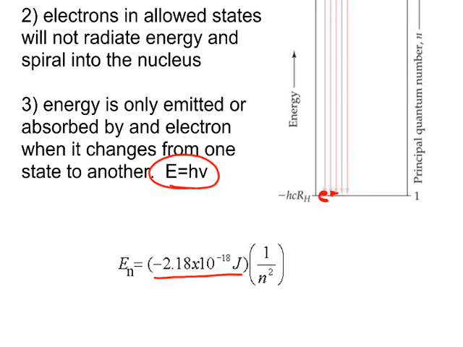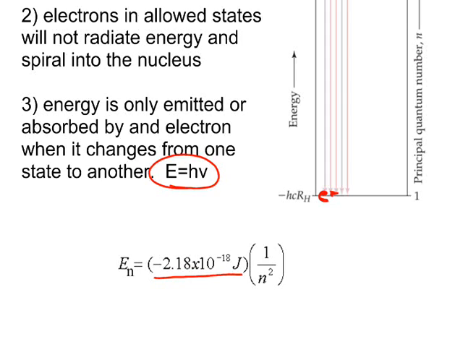Now, unfortunately, Bohr's model couldn't describe atoms with more than one electron. So his model kind of fell short there. But it did introduce the idea of quantized energy levels, and that in order to go from one energy state to another, you had to add energy to the electron, or energy is released when it falls back down again.